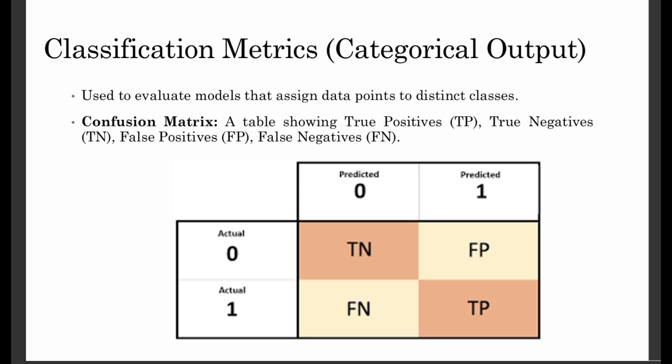Here, false positives are called type 1 errors and false negatives are called type 2 errors. From these four values, we derive all classification metrics.